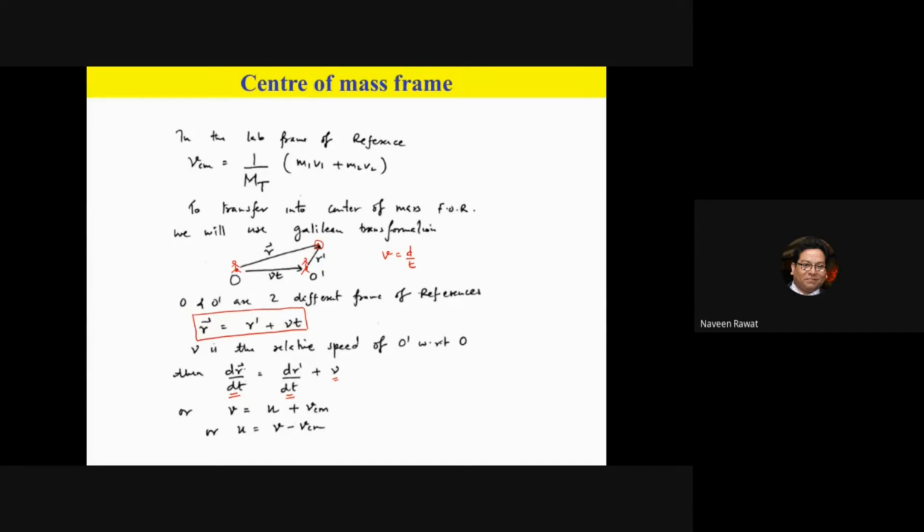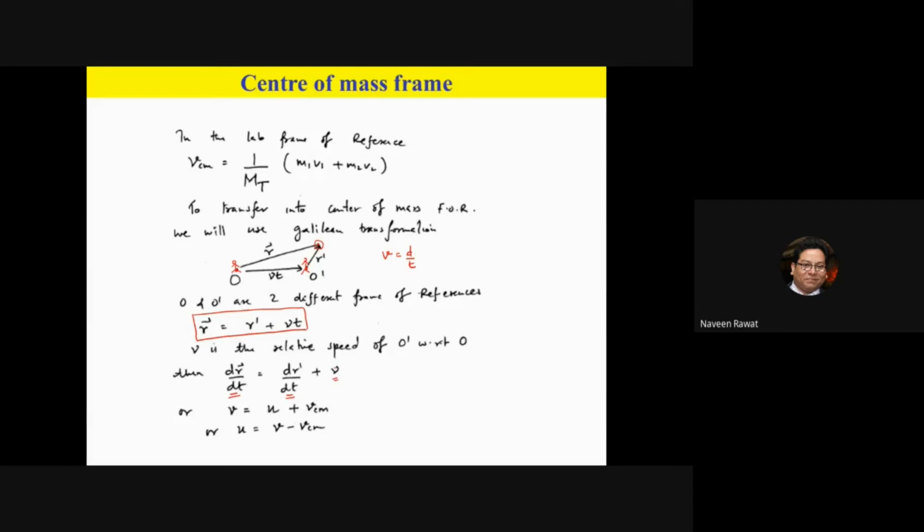The velocity for our lab frame of reference is given by v, and the velocity for the new frame of reference, which we'll call the center of mass frame of reference, is given by u. Just by Galilean transformation, v will be equal to u plus this v, which is the velocity of the center of mass.